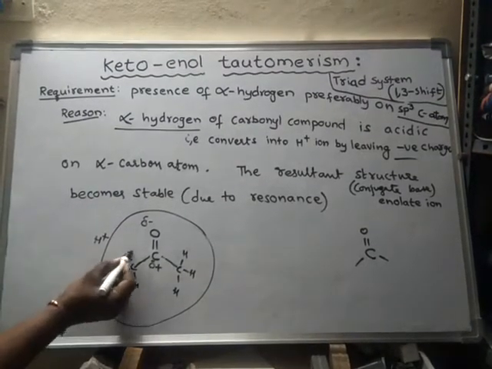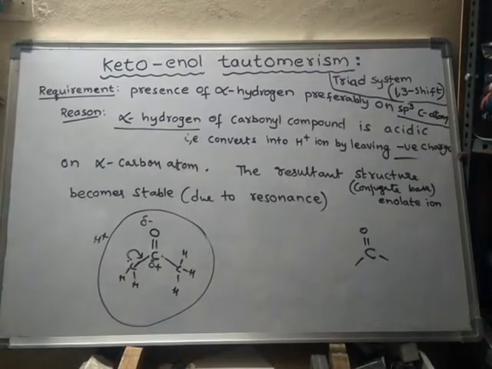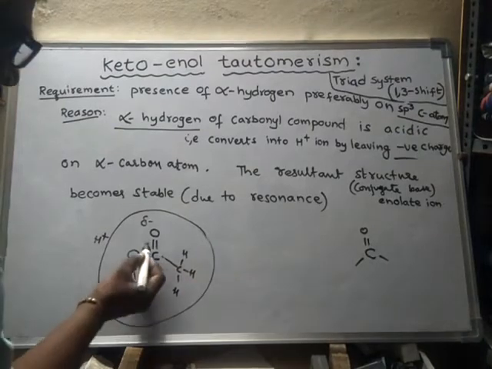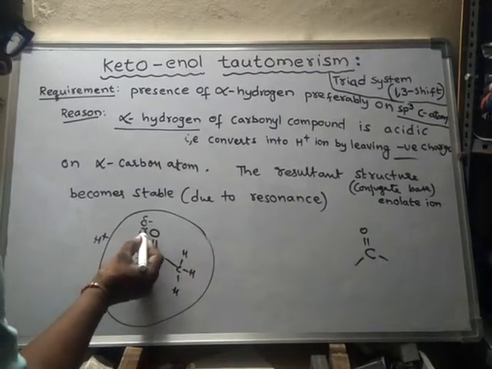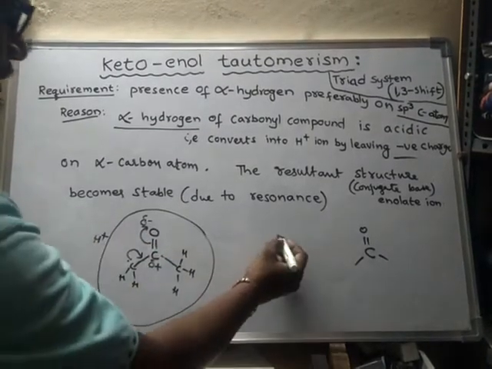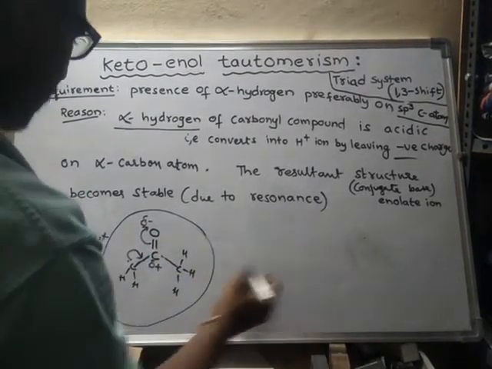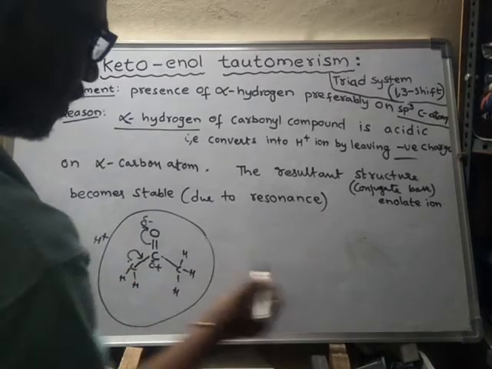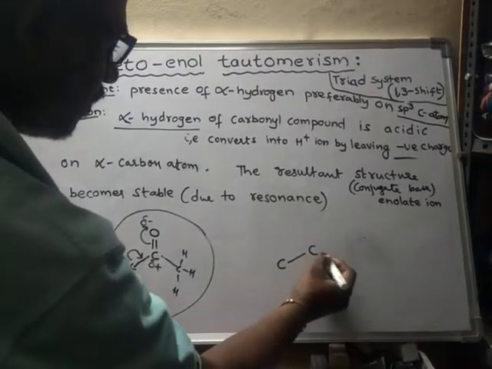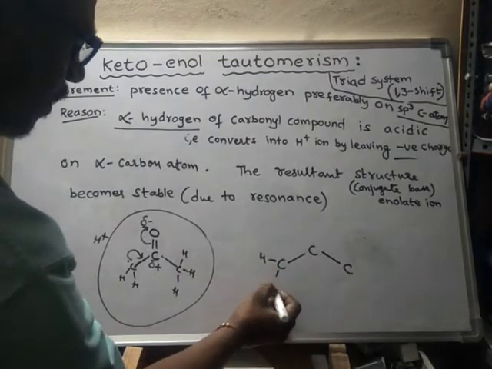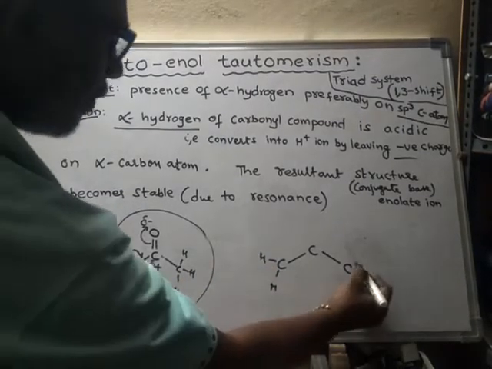These 2 electrons will shift here to form a pi bond, and this pi bond will move to this oxygen. So here we have the 3 carbons, 2 hydrogens on this carbon, and 3 hydrogens on this carbon.